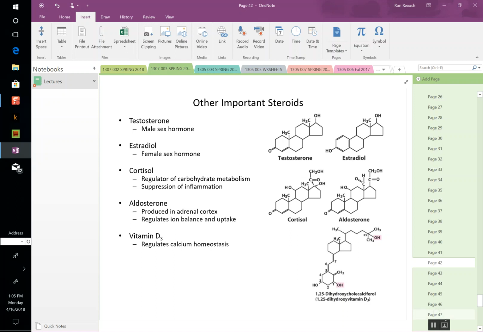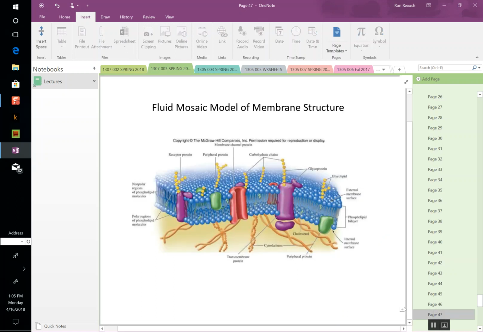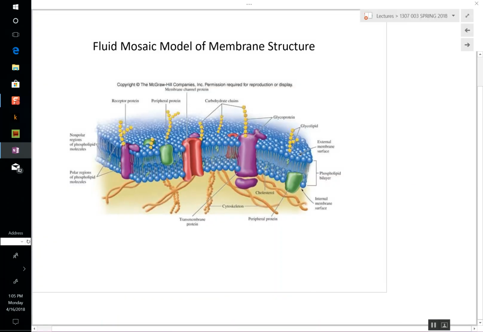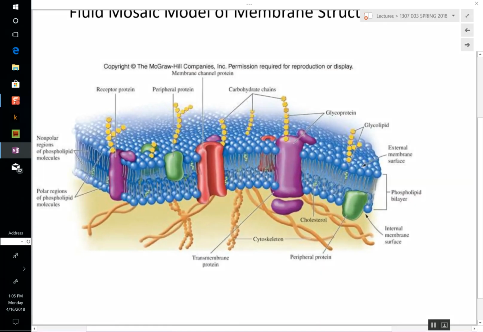All right, and then just finally, this shows you the complexity of a cell membrane. So here's the cell membrane. Here's inside the cell, outside the cell, hydrophilic environment. Everything's floating around in water in here.